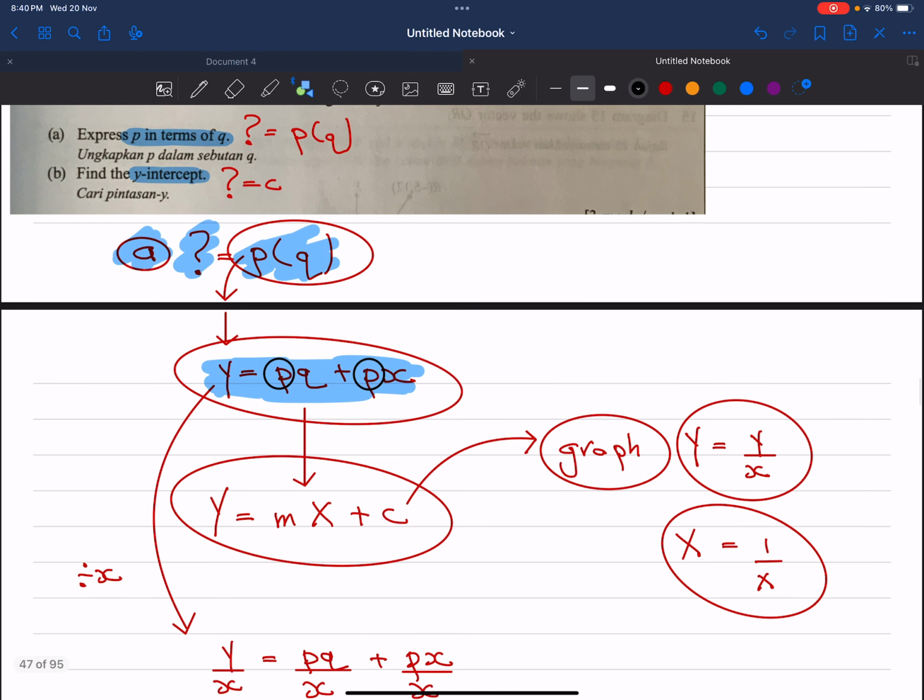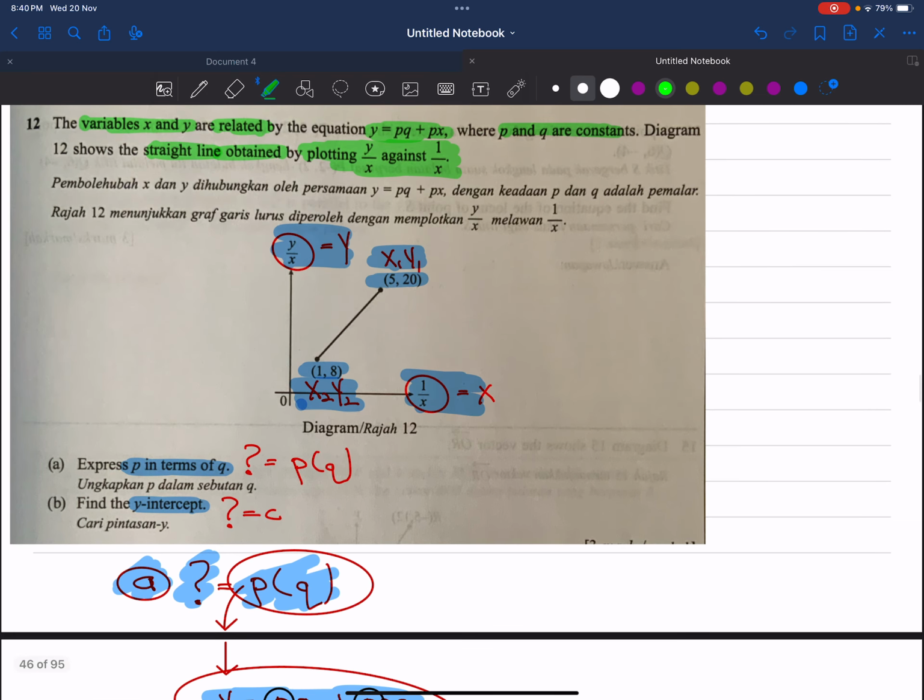And this equation, listen carefully, is actually linear because we have x to the power 1. So the equation given is linear, but we still have to change it to capital Y equals M capital X plus C, because if you go to the graph, you notice that the capital Y is y over x.